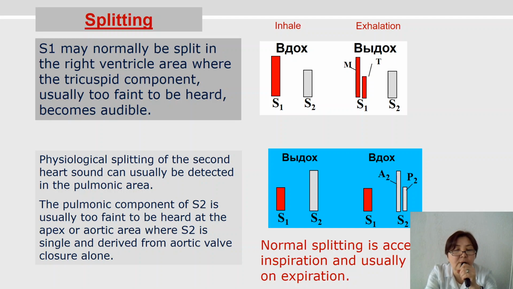The pulmonic component of S2 is usually too faint to be heard at the apex or aortic area where S2 is single and derived from aortic valve closure alone. Normal splitting is accentuated by inspiration and usually disappears on expiration.